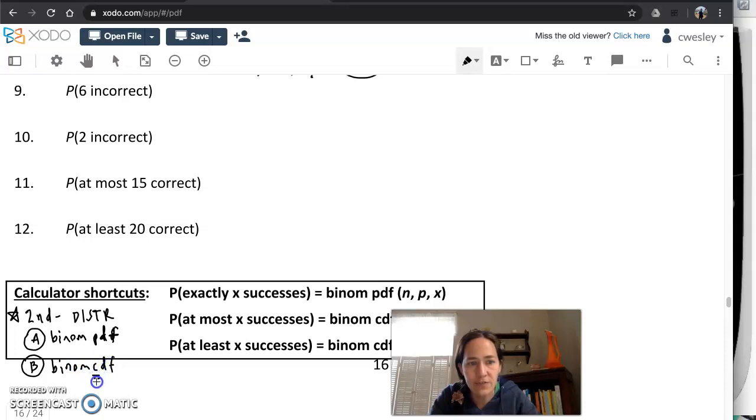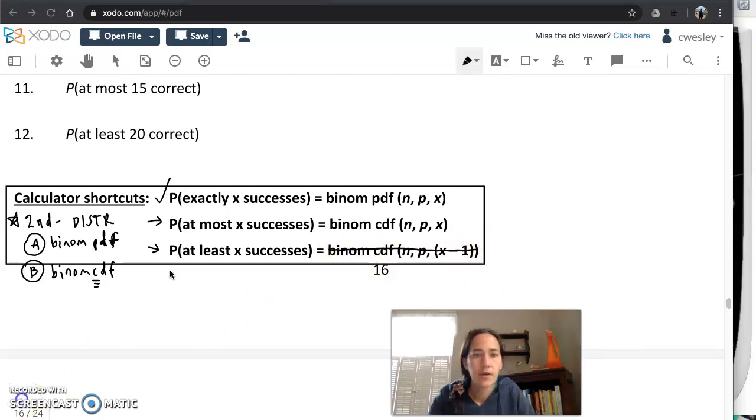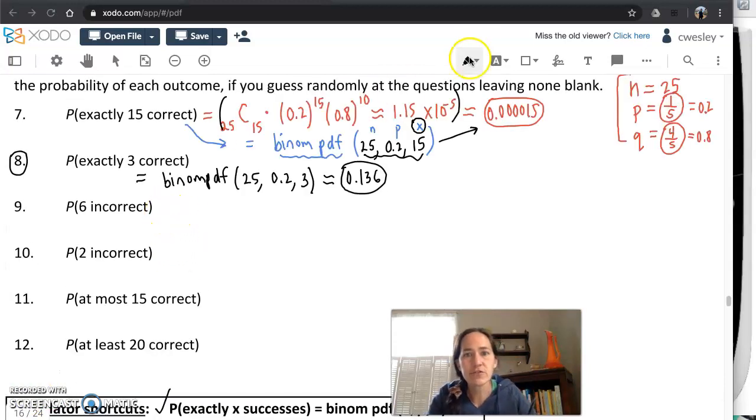The C stands for cumulative. We've actually done a couple of this one, and we'll review it in a second. These two are going to come in handy, but for now, can you cross off this one? I made an error in how I typed it, so we're going to amend this in a second for that shortcut.